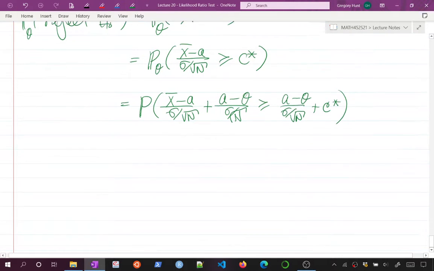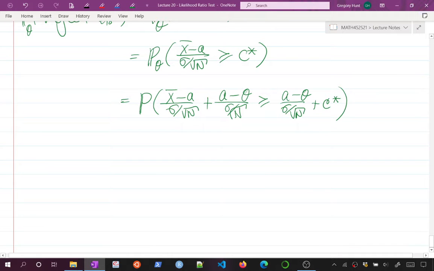Okay, something like that. And notice that this thing here is now (X bar minus theta) over sigma over root n, and that has a standard normal distribution, right?